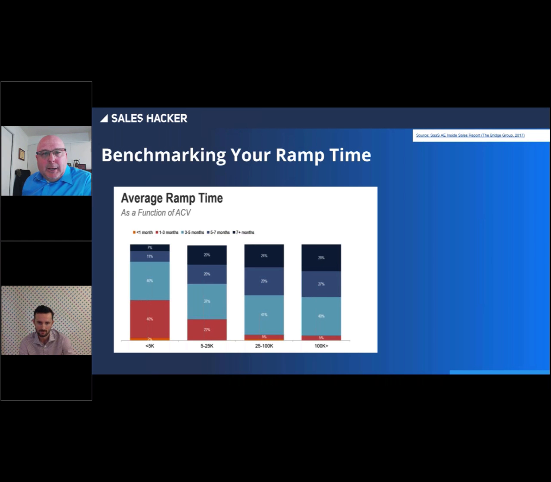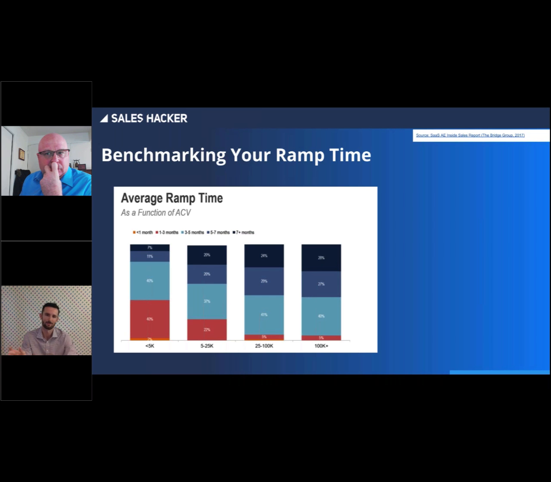All right, let's go forward a little bit more, Robbie. Where do you want to go from here? Yeah, so we've talked a little bit about the levers we have in an organization, which is this notion of hiring more reps and making them more effective, efficient, and ramping them faster. We broke down the ramp cycles and what the averages look like across different organizations.